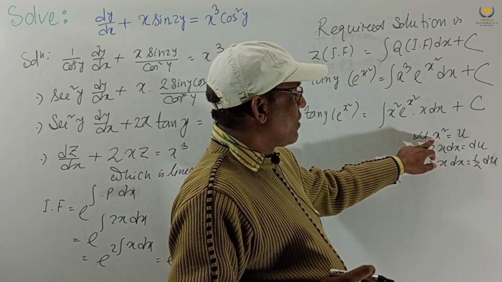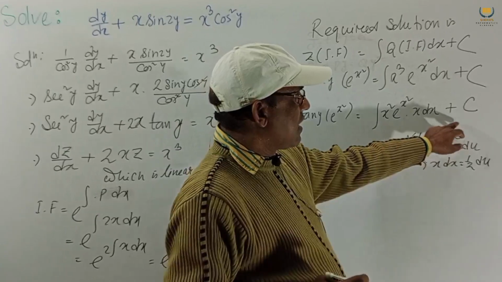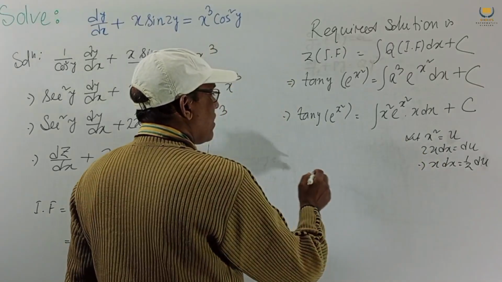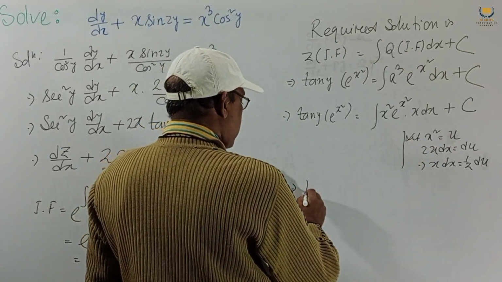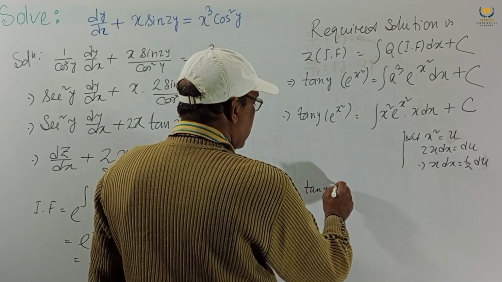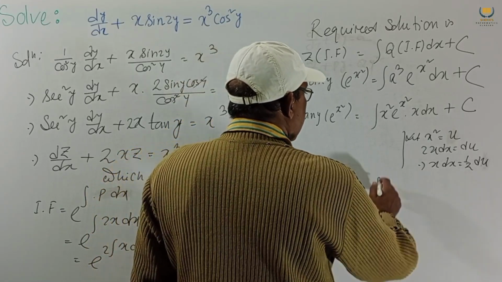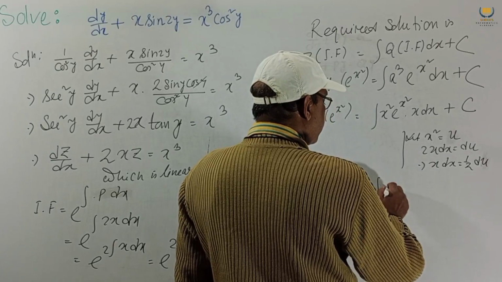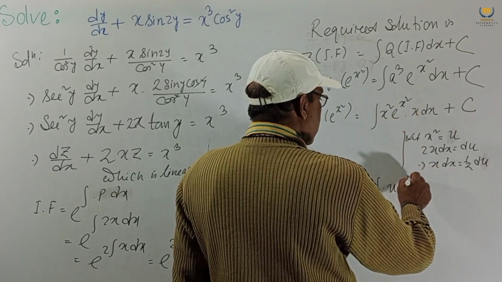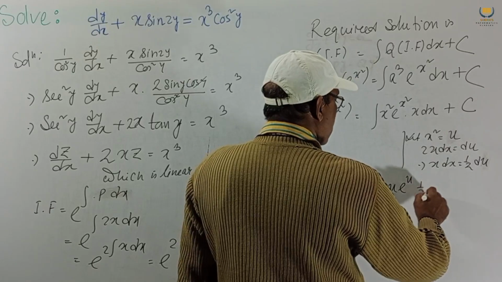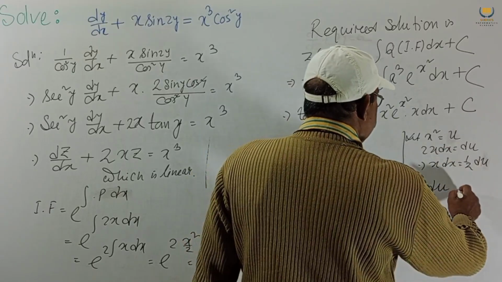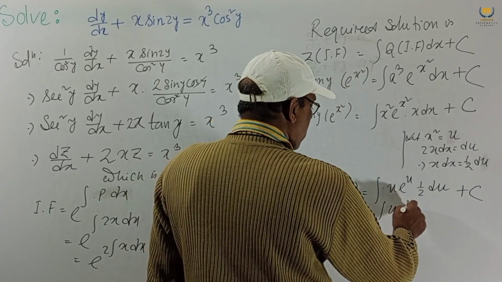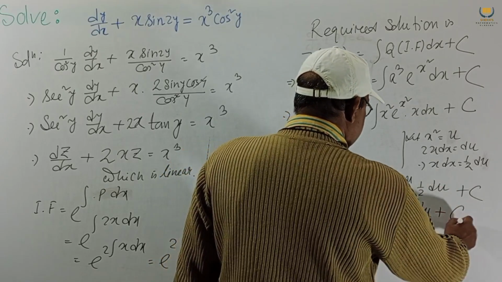Now putting the value, we get tan y e to the power x square equals integral of u e to the power u times 1 by 2 du plus c. 1 by 2 is constant outside, u e to the power u du plus c.